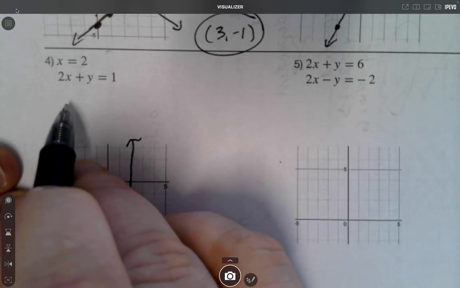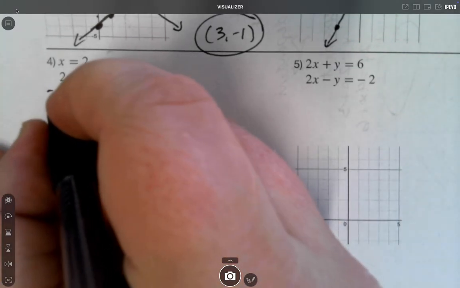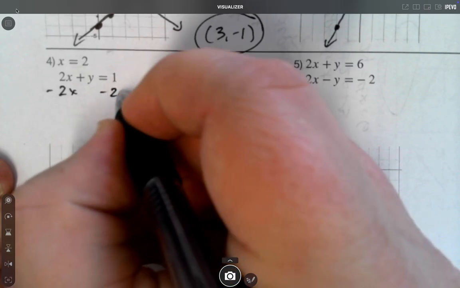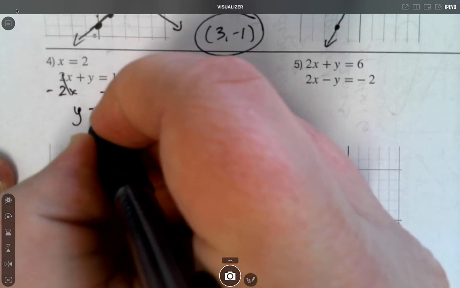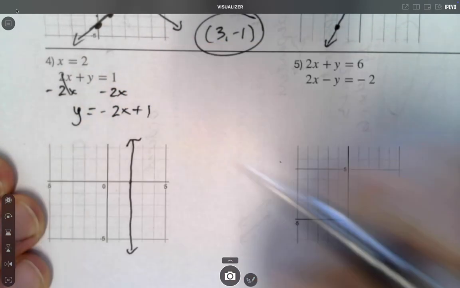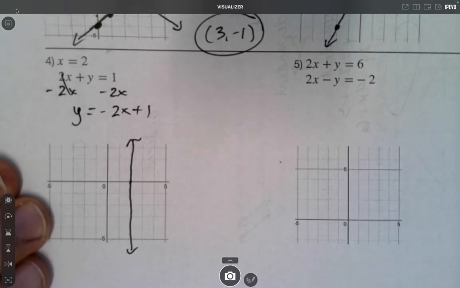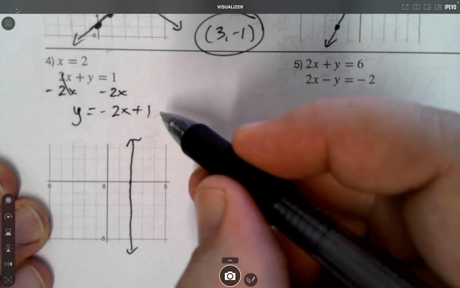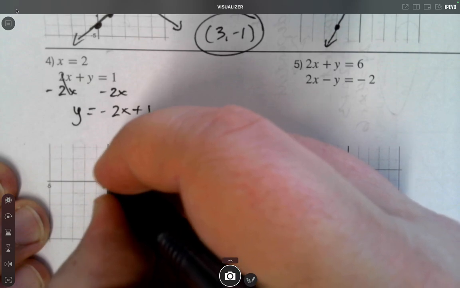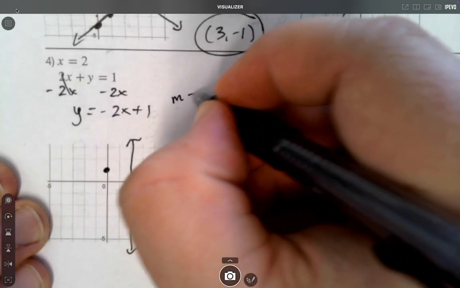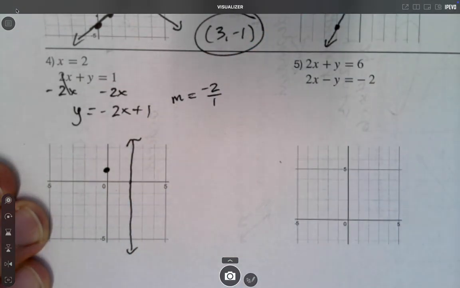Just have to do one step to make this be in slope-intercept form, so I'll subtract 2x from both sides and get y equals -2x plus 1. So my y-intercept is +1, so I put a point there at +1. And I can write the slope as a fraction by making it -2 over 1.